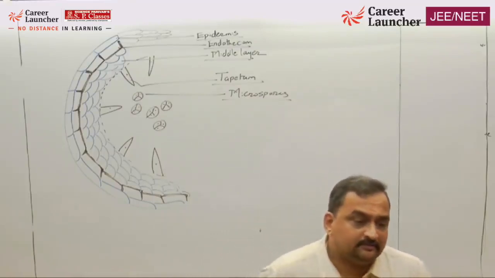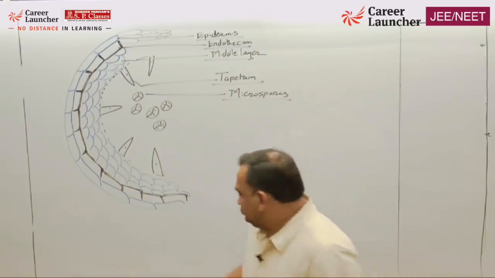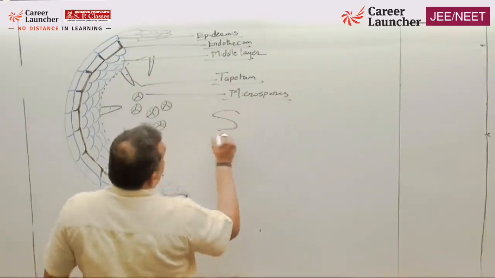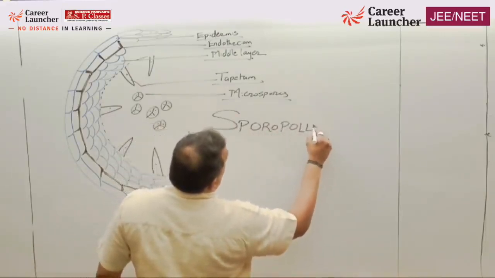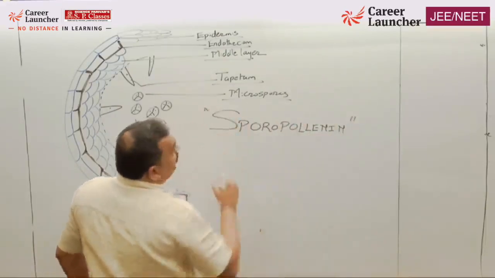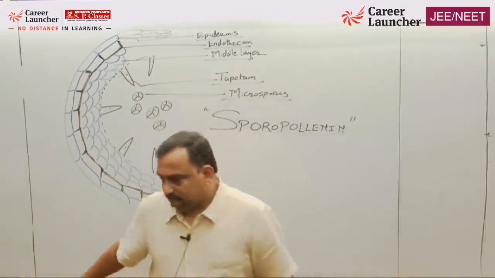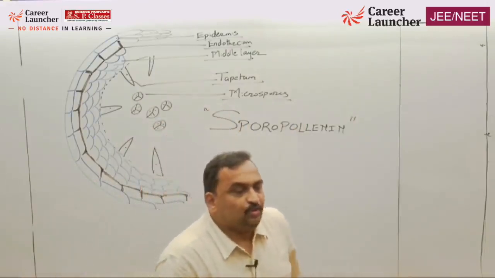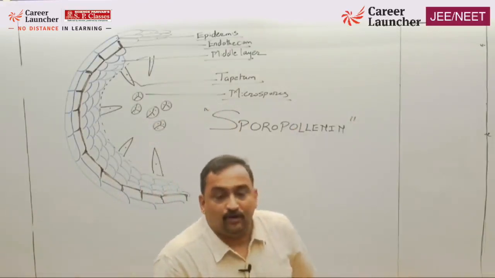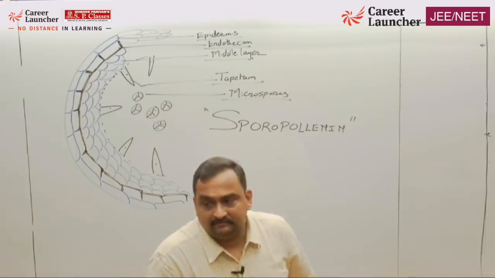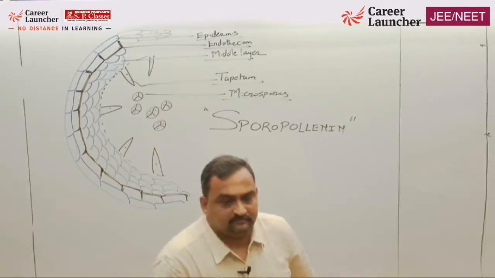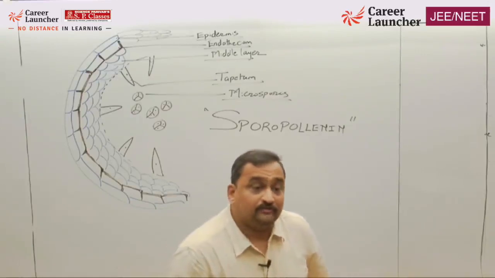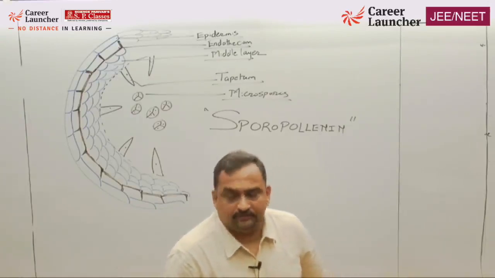They secrete sporopollenin, which forms the exine of what?